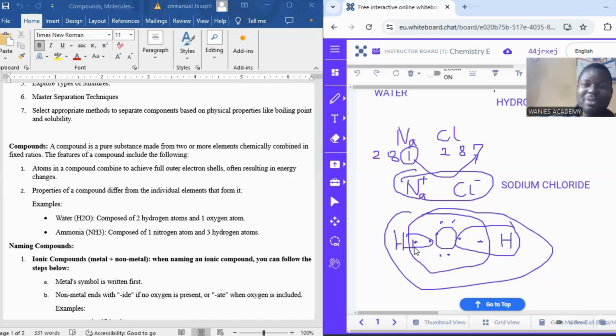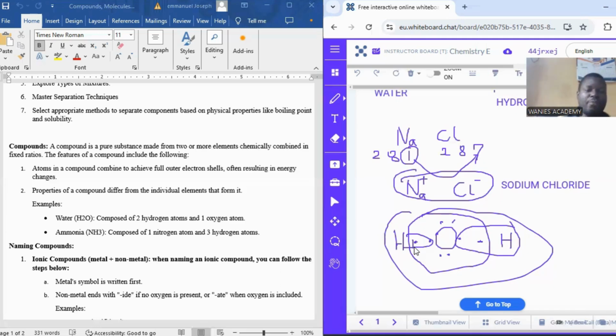So one would think the properties of sodium and chlorine will be seen in sodium chloride, but the case is not so. When elements combine to form new compounds, the compounds they form have unique properties different from those of the elements. So these are the two unique features of a compound.